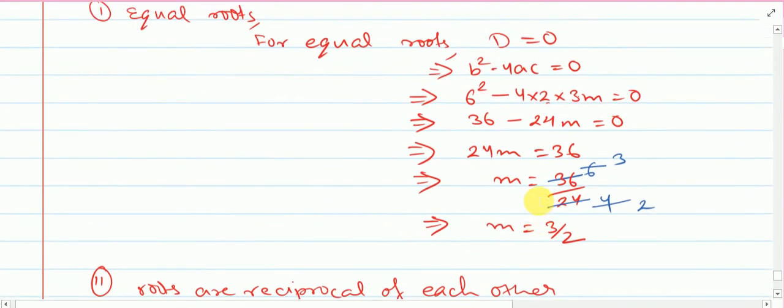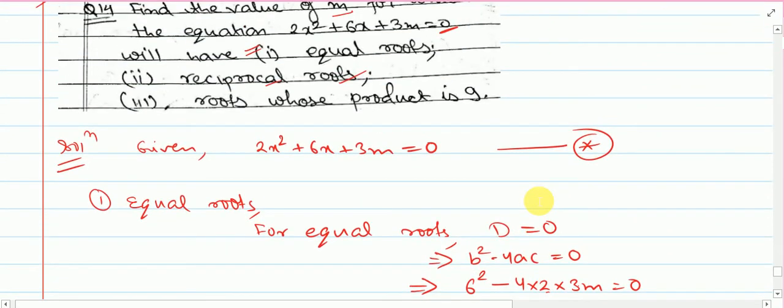Now next, here it says we have to find the value of m such that the product of roots is 9.